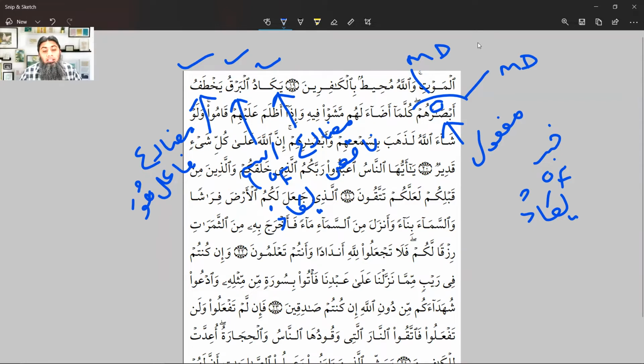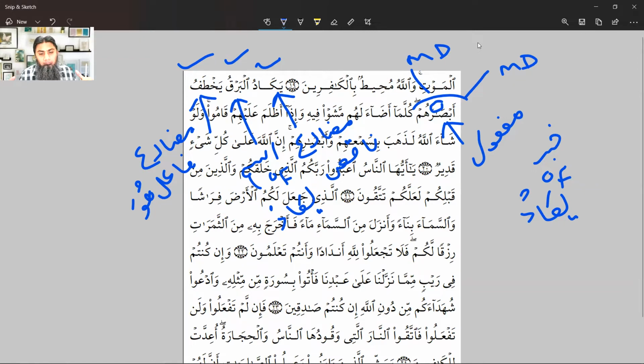Yakadul barq, because the whole imagery is that there's heavy rain, and Allah subhanahu wa ta'ala is giving us the imagery of the hypocrites. Yakadul barku, the lightning almost yakhtafu snatches away. Khatafa yakhtafu means to snatch something. So the lightning almost snatches away their sight.